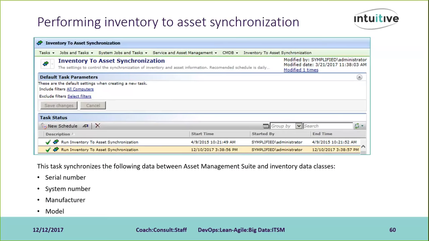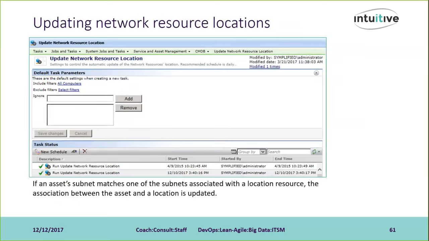Next, we use this one a little bit less now because of the environment being so mobile, with more laptops in the environment. What this task did for us was assign resources to specific locations based on the subnet that was assigned to that location.